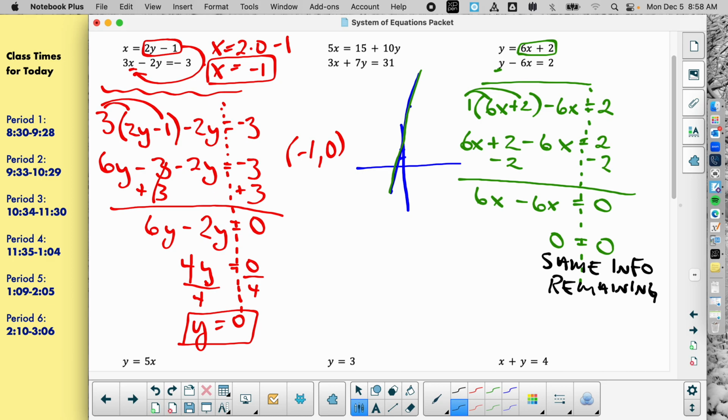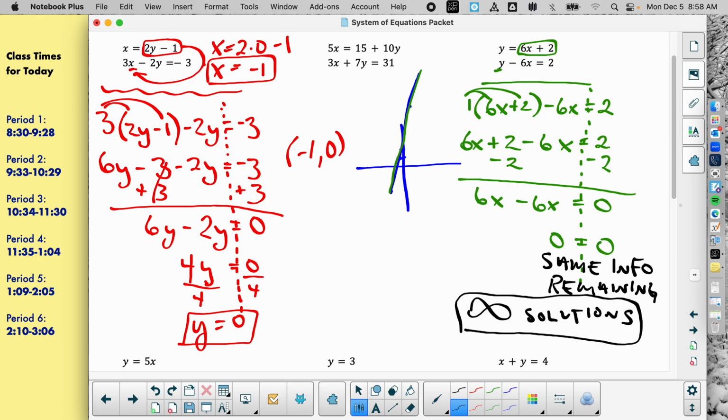Did some of you put the 6 x's together first, and this said 2 equals 2? Maybe. So the reason I'm writing it like this is because 2 equals 2 is going to be the same answer as 0 equals 0. This is actually what you're going to write instead of no solutions.